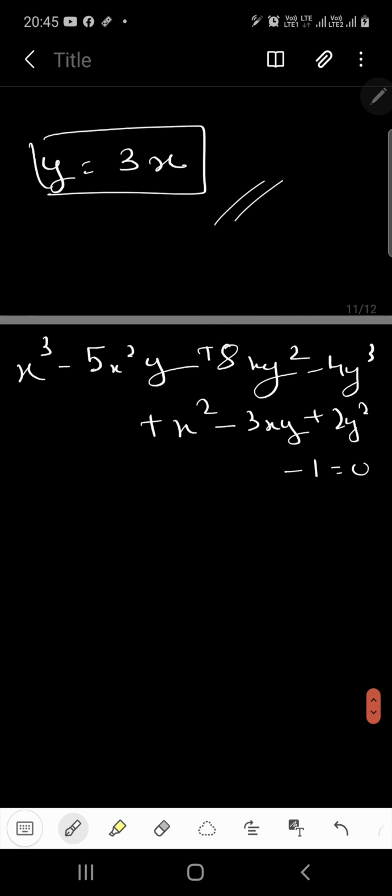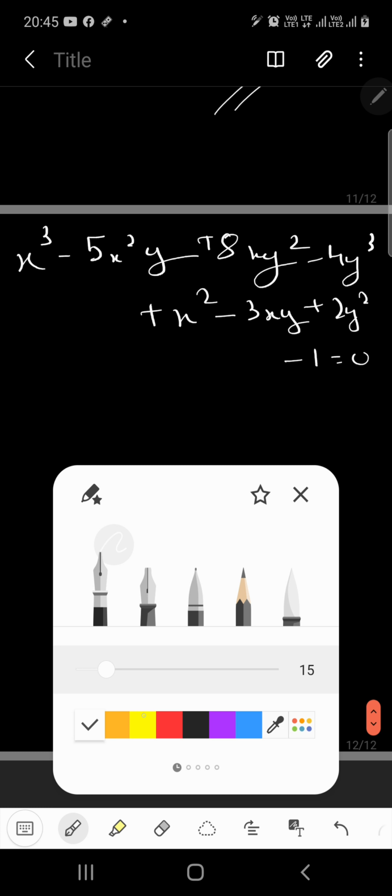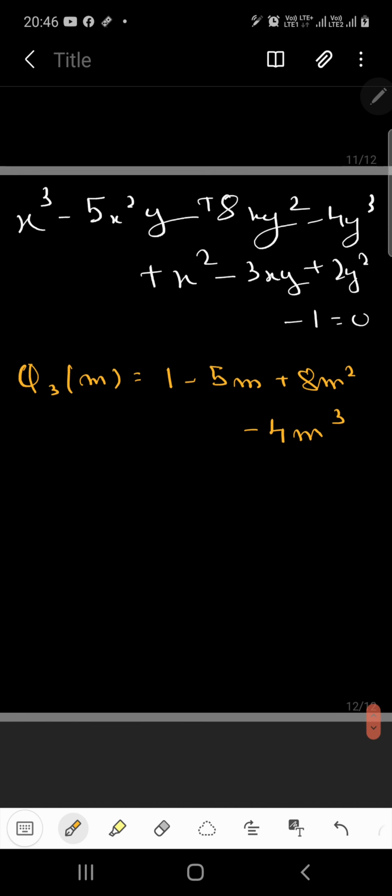So let us start as we started the previous one. First we need to disintegrate it into individual functions of like powers. So we have here phi 3m equals 1 minus 5m plus 8m square minus 4m cube.